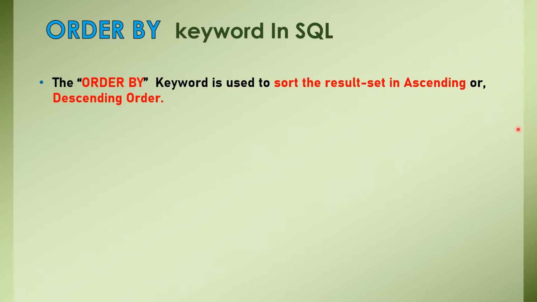Okay, ORDER BY keyword. Now by default it sorts in ascending order, so you must remember this, that the ORDER BY keyword sorts in ascending order by default. Okay, I am showing the syntax in a while, but just remember that if you keep it as default, then it will sort in ascending order, right? And if you change it in some way, then only it can sort in descending order. I will show you how.